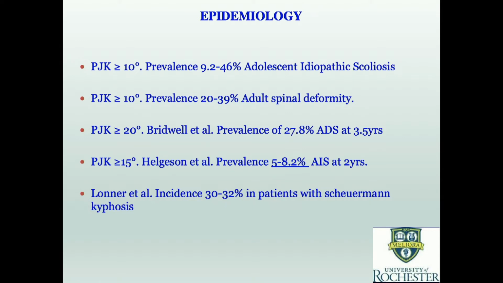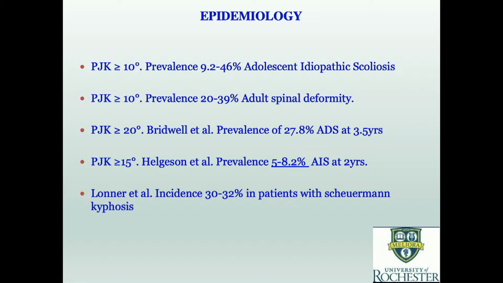With the study suggesting 20 degrees as the critical angle, Bridwell reported a prevalence of 27% of patients with PJK. For patients with a 15-degree critical angle, they reported a prevalence of 5 to 8.2%.